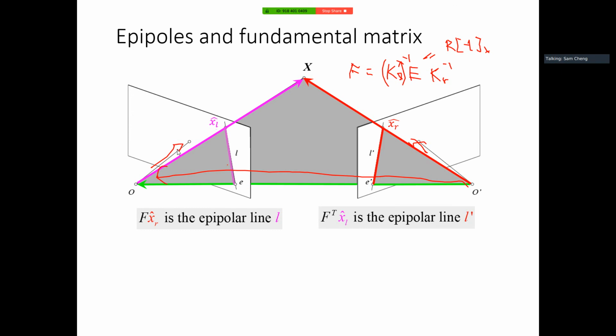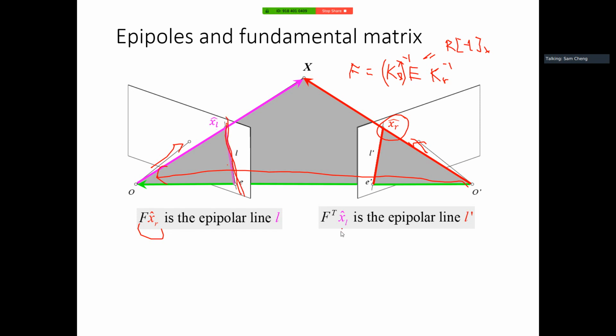We showed all this, and basically to use it, if I know the fundamental matrix, then for example, if I know a point on the right here, my epipolar line on the left will be just equal to F times XR hat, and we just look for the corresponding point on this line.